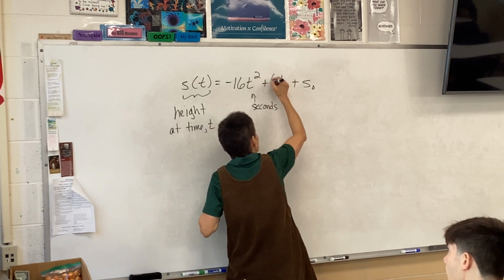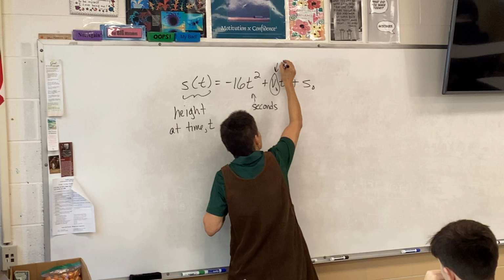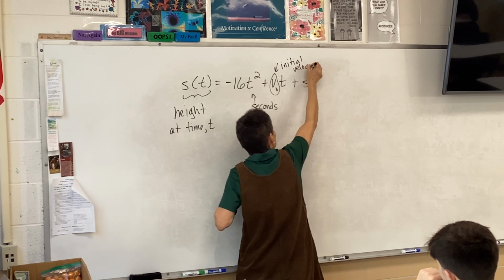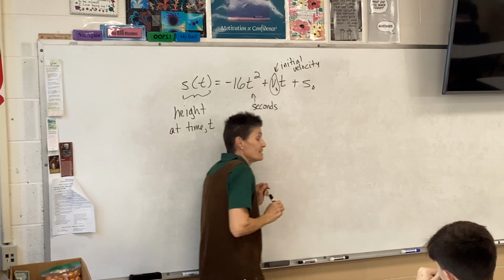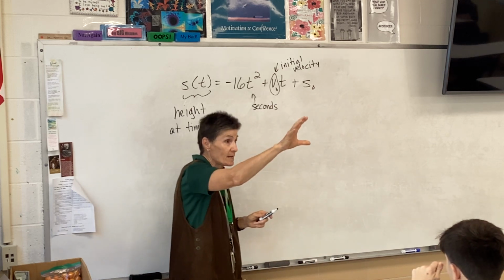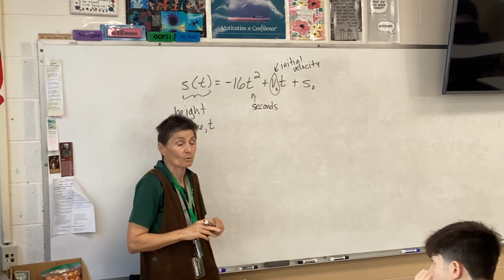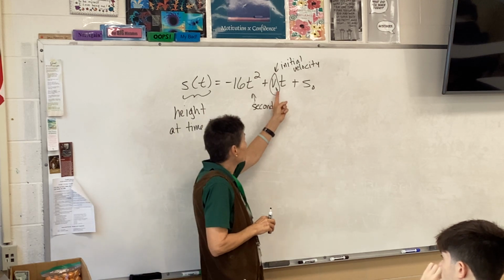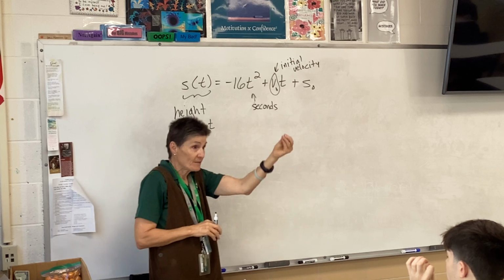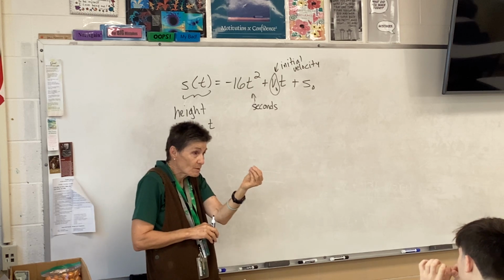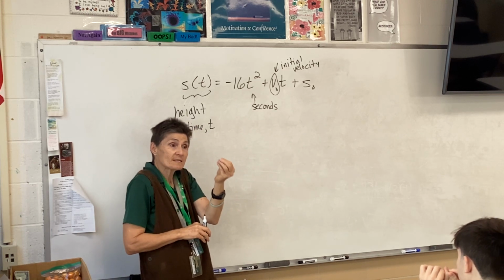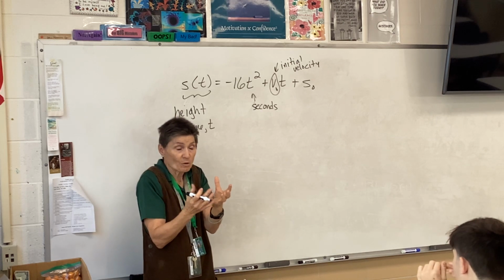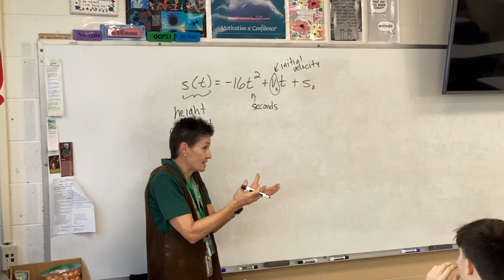This guy right here is the initial velocity of the object. Remember, we're throwing it through the air, so that's the velocity that we're throwing it with. In physics and math, a lot of times you'll see a subscript of 0, V with a little subscript of 0. That little subscript 0 always means starting, initial. So that's the initial velocity.